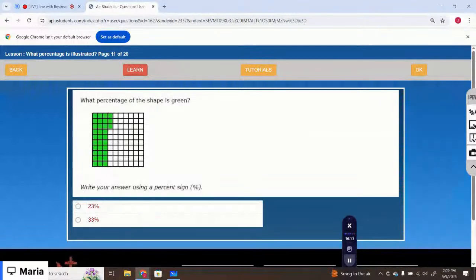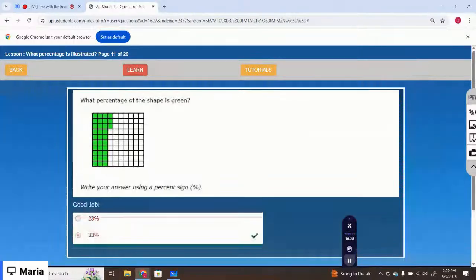What percent of the shape is green? Which is the correct option? That is 33%. Option number two is the correct option.